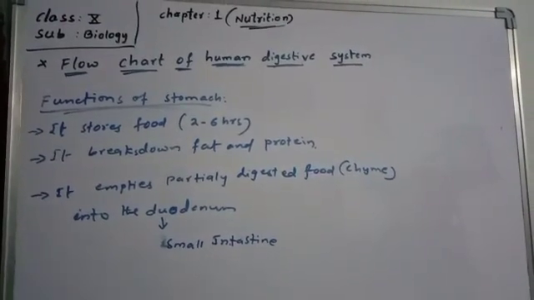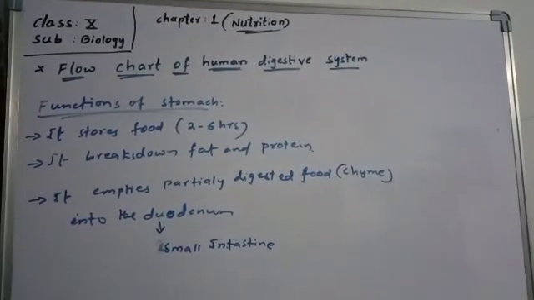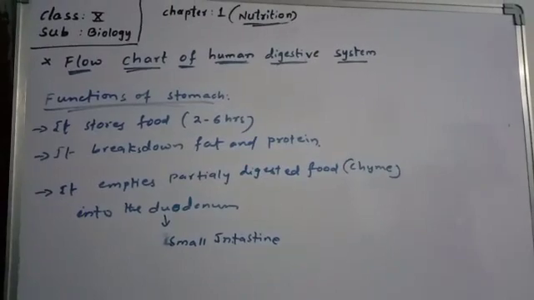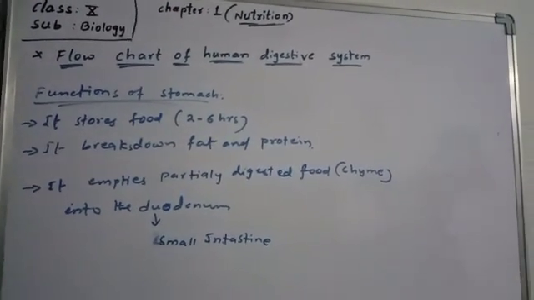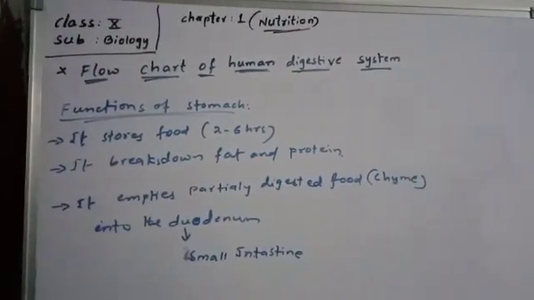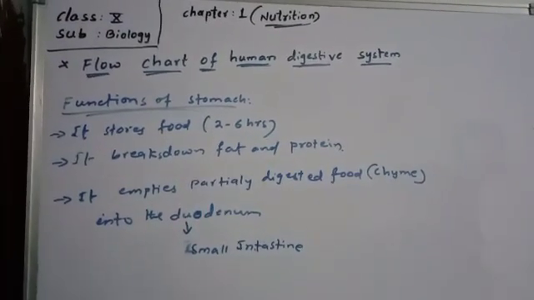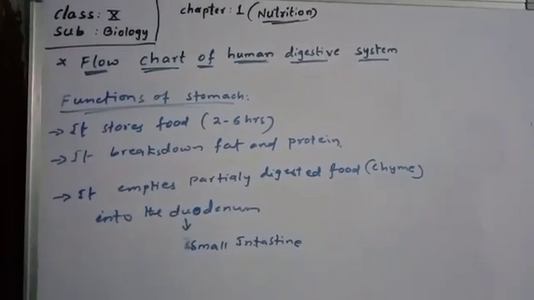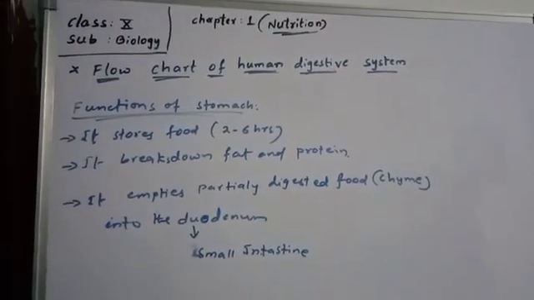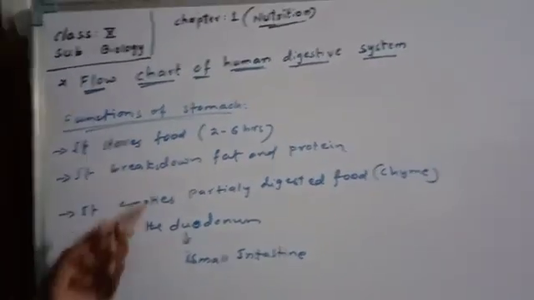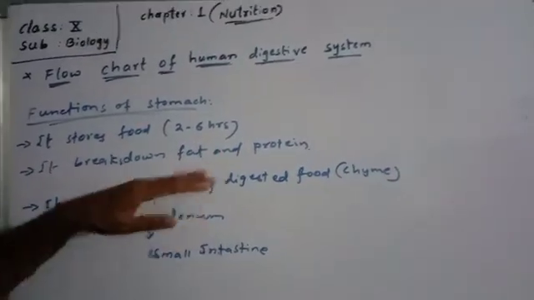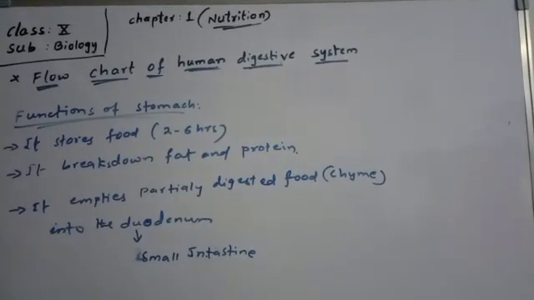Remember again: the stomach is a pouch-like, J-shaped organ that secretes a digestive fluid called gastric juice, mixed with food to make chyme. It contains HCl, enzymes, mucus and gastrin. The pH is 2, and this low pH unfolds proteins and exposes peptide bonds. HCl also disturbs the extracellular matrix. Absorption in the stomach is limited to water, alcohol, aspirin, etc. The functions of the stomach: it stores food for 2 to 6 hours, it breaks down fats and proteins, and it empties partially digested food into the duodenum. After that, we come to the intestine.